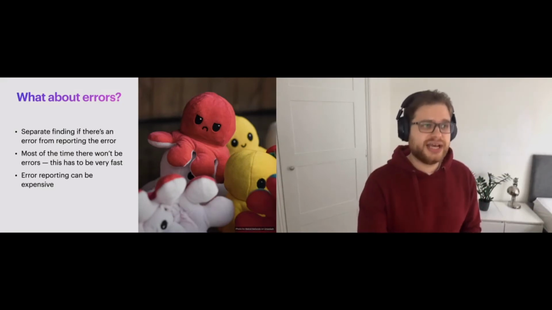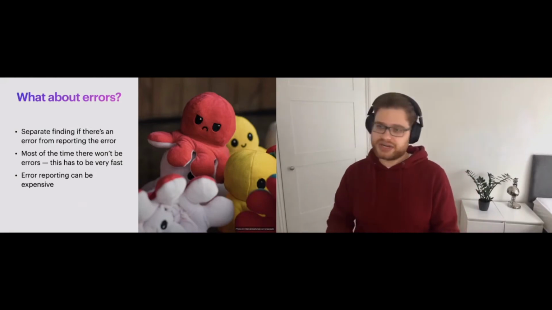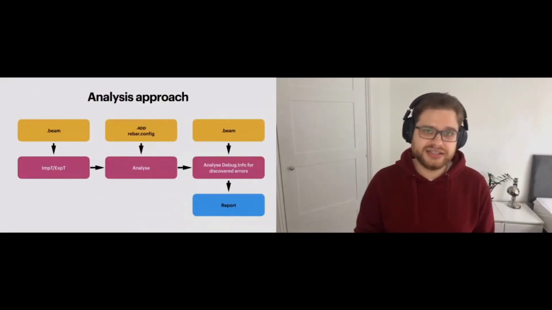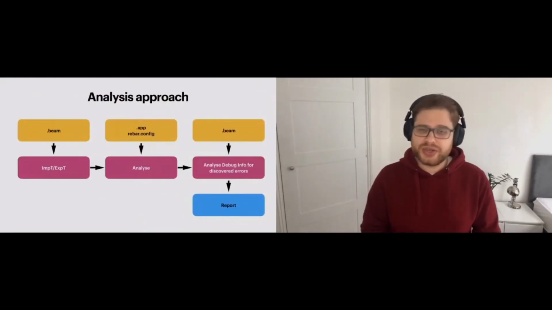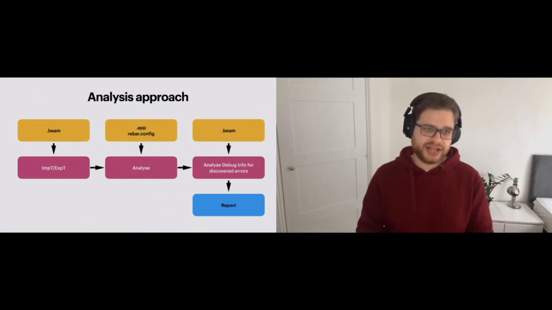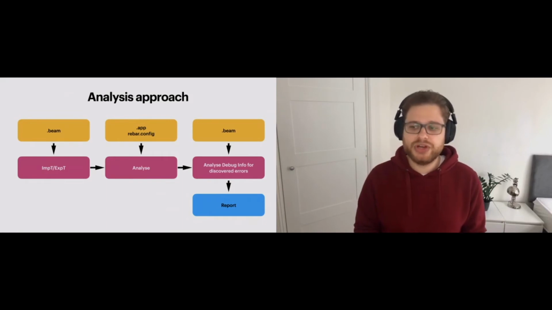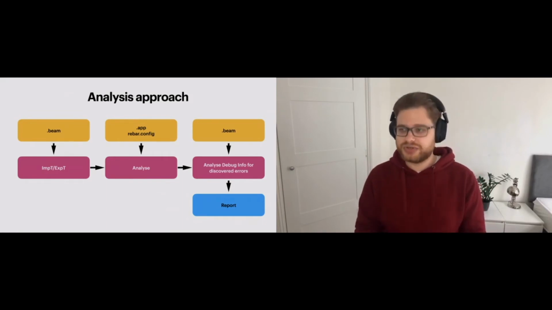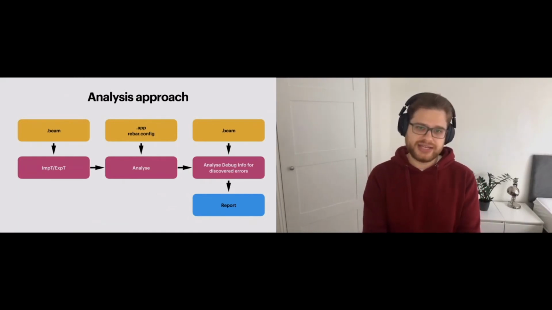And so with this idea, we arrive at our final way of implementing our analysis, right? So we take the beam files, and from them we load the import table and the export table that we later combine with the information from the app files to perform our analysis.